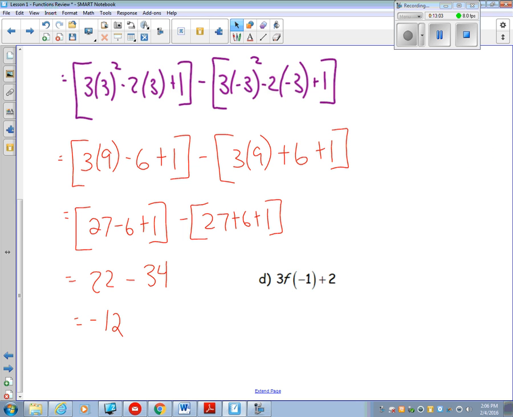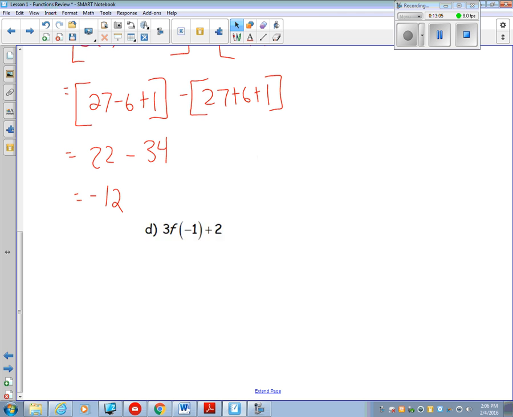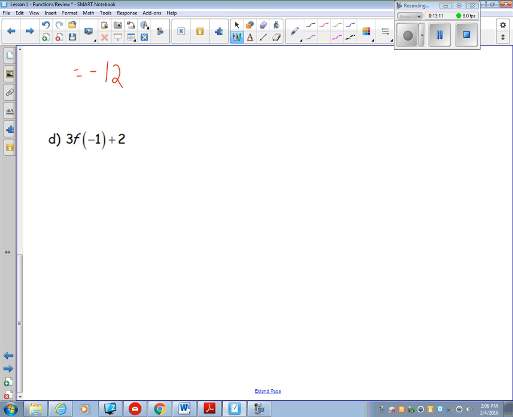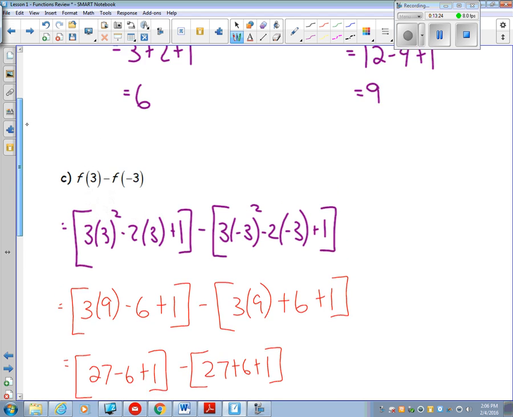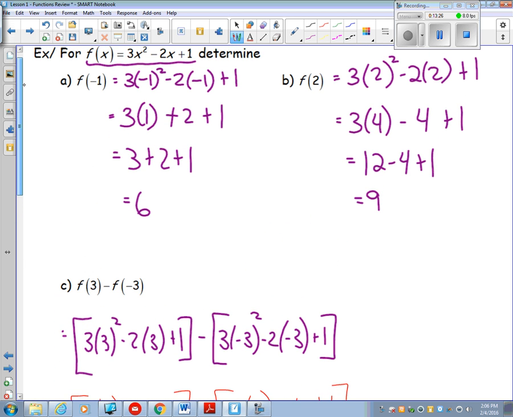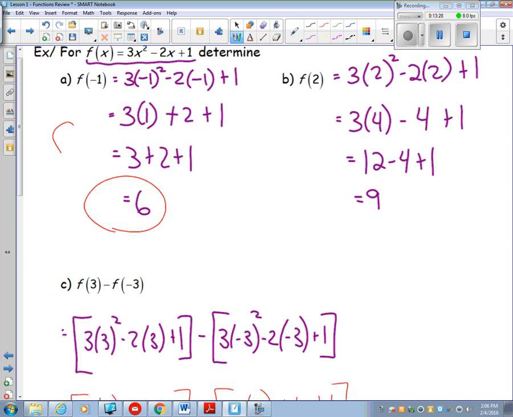All right, last one here. I want to find letter D, just move it down to the bottom here. 3 at f minus 1 plus 2. And we said earlier, you get all these weird things here, ignore them for a second. And you say to yourself, okay, what is f at -1? Now, I think we've actually done this one before, right? f at -1. Way back up here, we said f at -1 was 6.